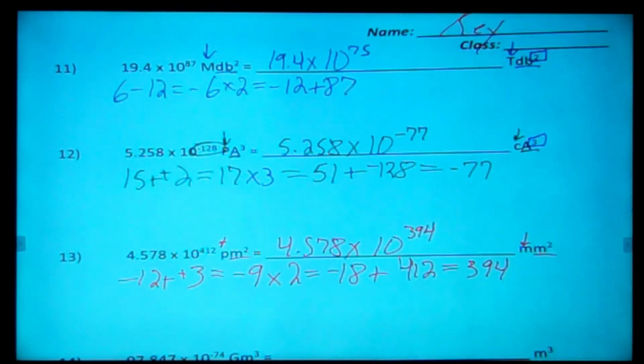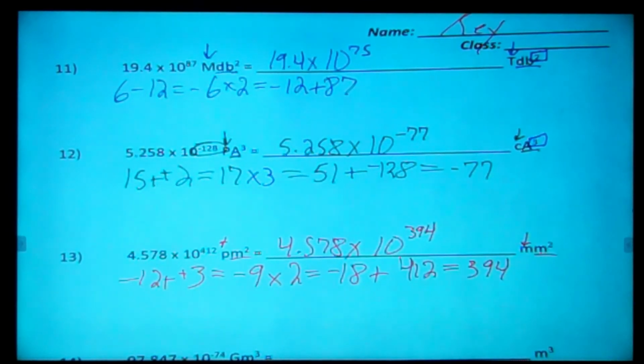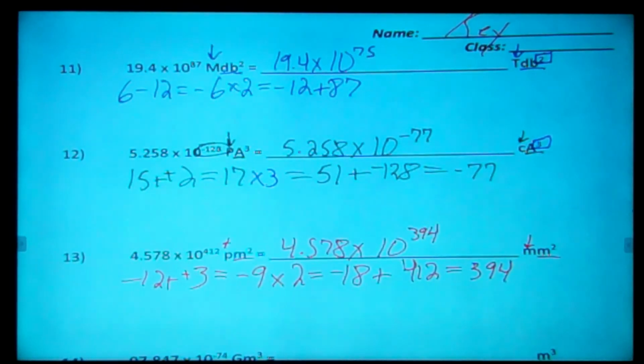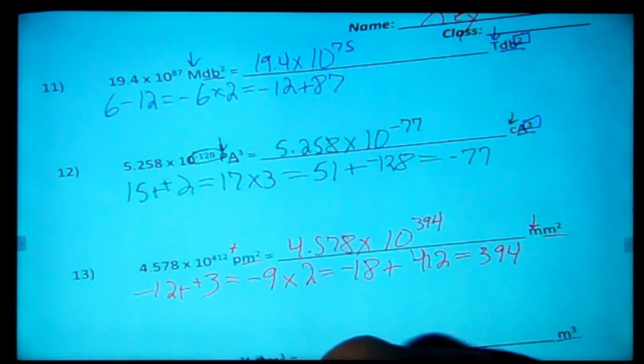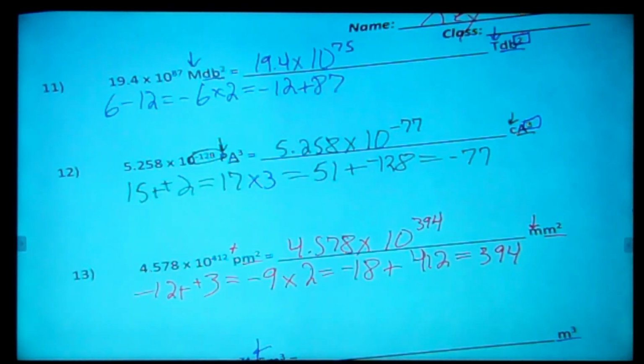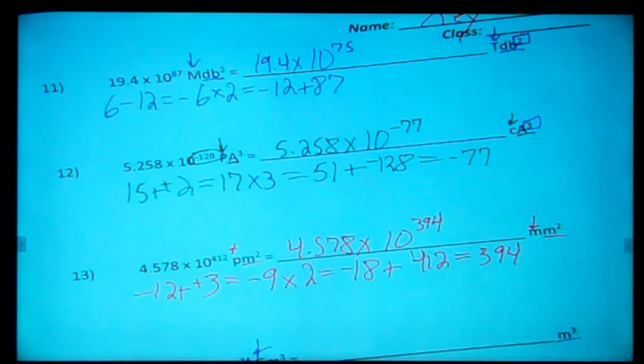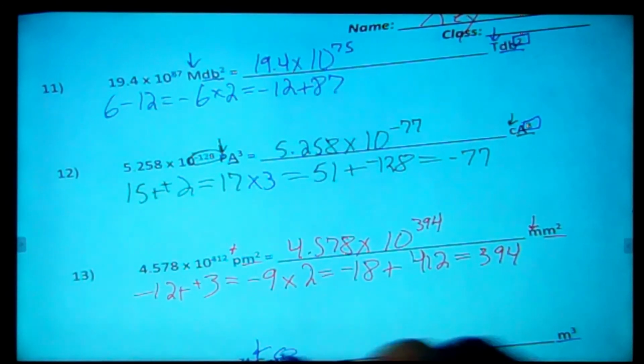Now let's look at the next one. I have M. Oh, there's only one M, so that means base unit. So I'm going to find the difference in giga and the base unit. Giga is 10 to the 9th, so 9 minus 0 for the base unit equals 9. I'll multiply by 3 because my units are cubed.